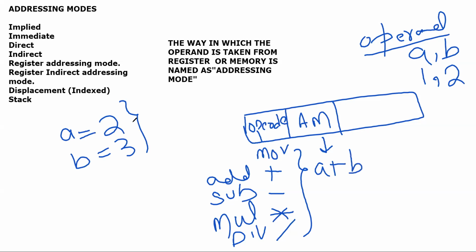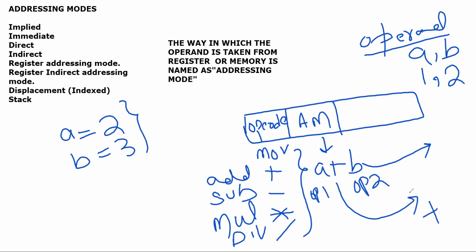With the help of AM, meaning addressing mode, I can easily identify which type of operands are present. So here I analyzed that a plus operation occurs, meaning operand 1 is A, operand 2 is B, and between operand 1 and operand 2, a plus operation is performed.